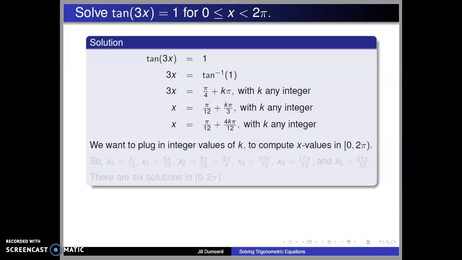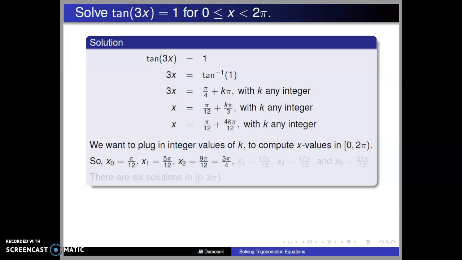This again amounts to adding 4 pi in the numerator. When k is 0, we get that x0 is pi over 12. Adding 4 pi over 12 produces x1 equals 5 pi over 12.